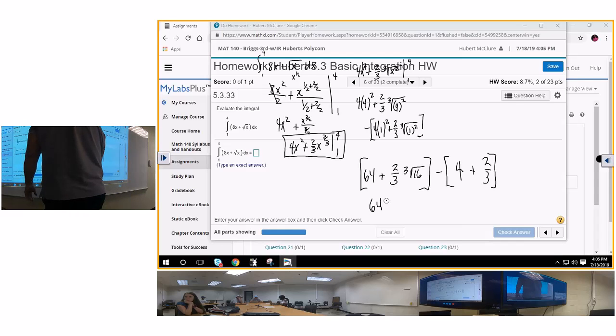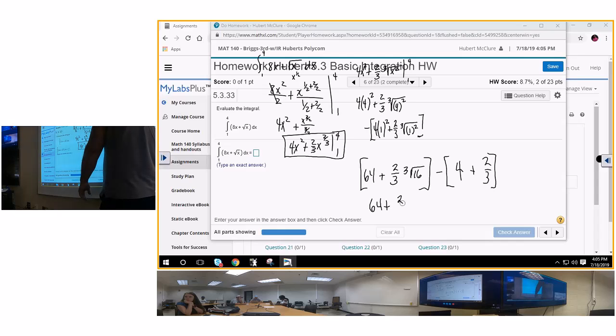But this is going to be a mess. 64 plus, maybe it'll get better, 2/3, and that's going to be 2 times 8, which is 2 times the cube root of, well, I just had it in my head, cube root of 2, right?